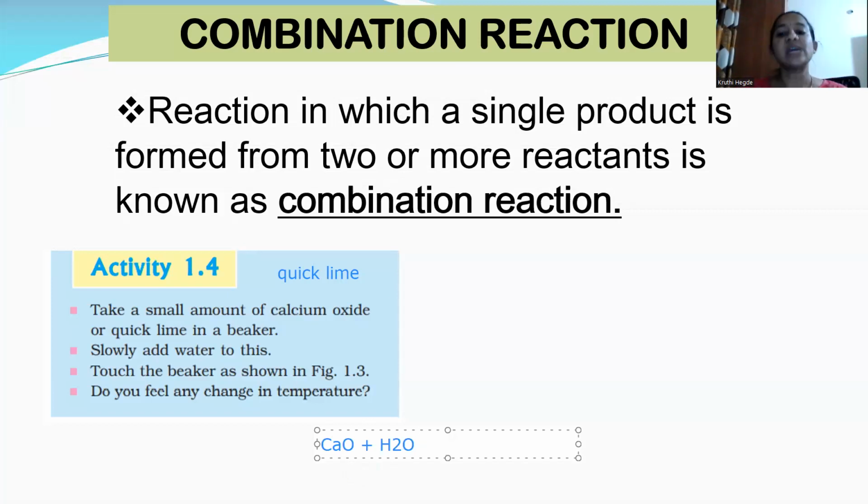When this CaO plus H2O combines, what would be the product? Can you guess it? Yes, the product formed is calcium hydroxide.